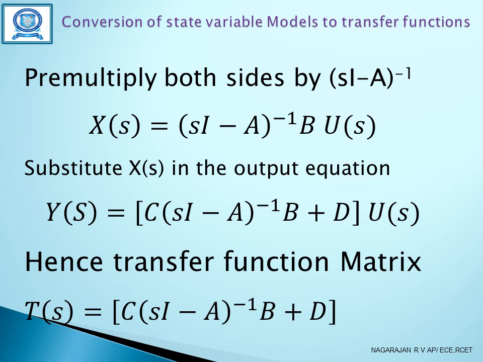So the transfer function matrix is T of s is equal to Y of s divided by U of s, which is equal to C into (sI minus A) inverse B plus D. This is the transfer function matrix. That is, we converted the state variable model to the transfer function model.